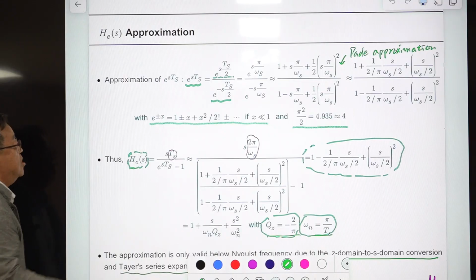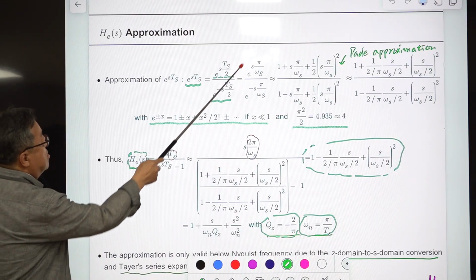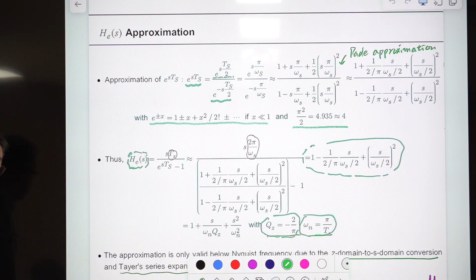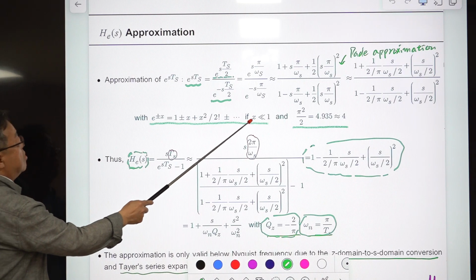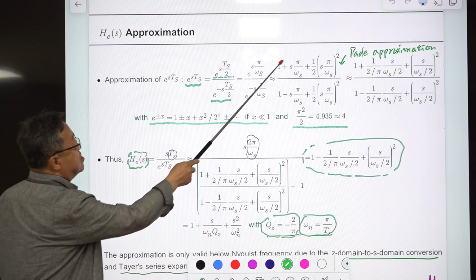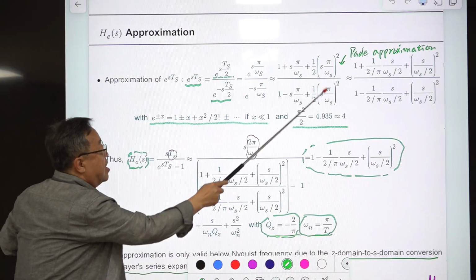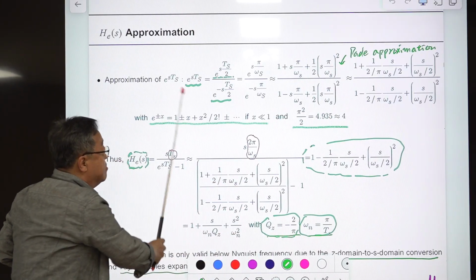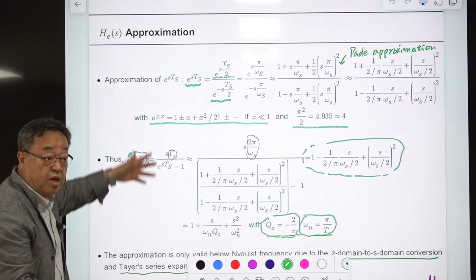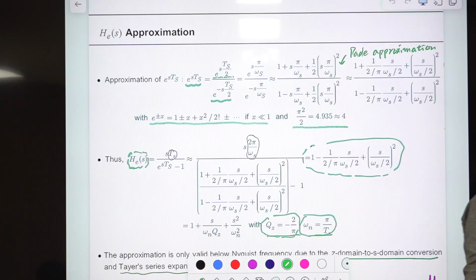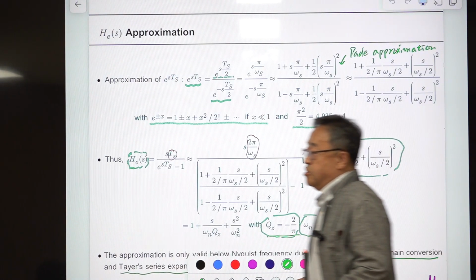Then using the relationship, you have this. And this is the exponential function of S. Then you have this, the Taylor series. This is accurate when x is much smaller than unity. Then it is expanded like this. This trick, I think this is some simple trick, is called Pade approximation. Pade, I don't know who this guy is. They have something here.